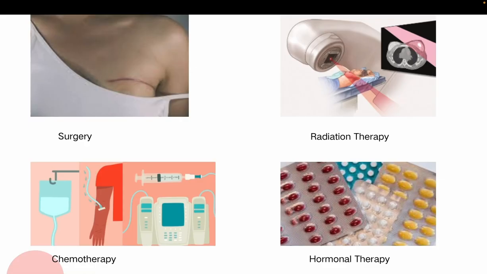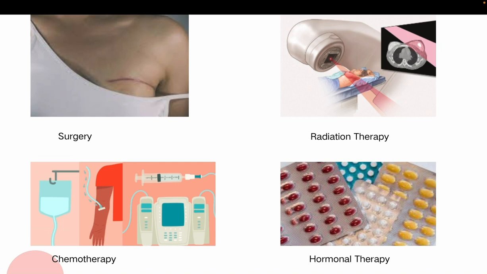Prevention and treatments versus surgery. Mastectomy, removal of one or both breasts. This can be total removal of the entire breast or partial removal of specific sections. Second is radiotherapy, the use of high-energy rays like X-rays to kill or shrink cancer cells.